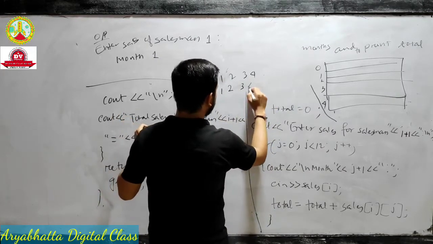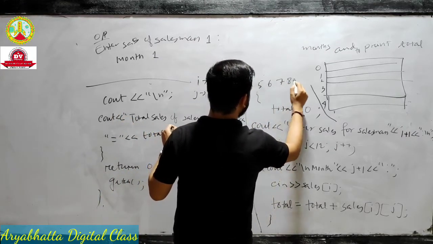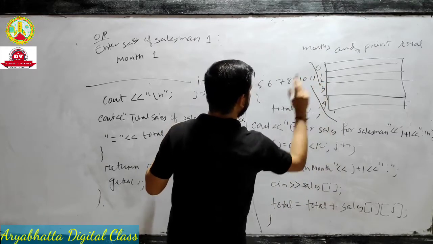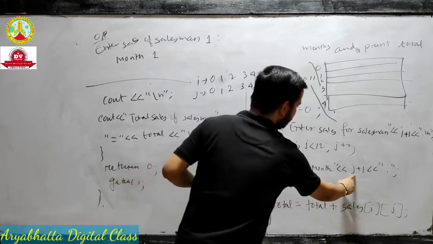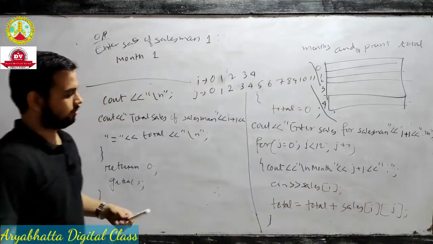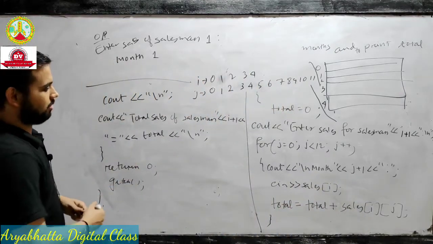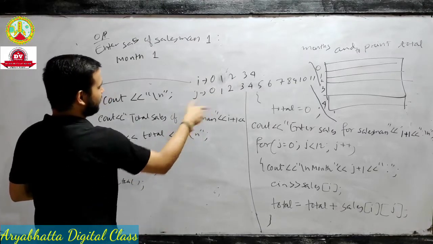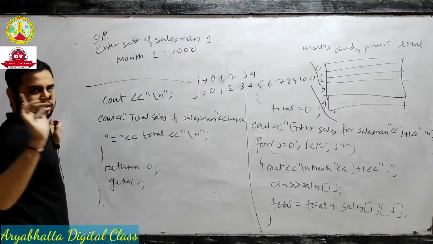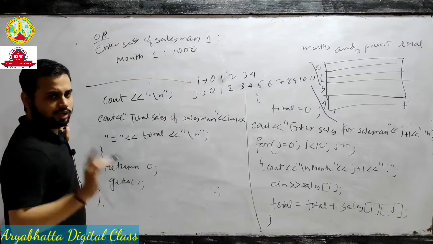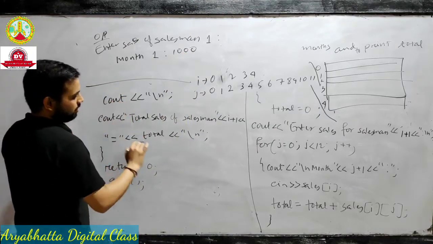The j loop goes 0, 1, 2, 3, 4, 5, 6, 7, 8, 9, 10, 11. Your j is for the month, and here we also use j plus 1 for designing purposes, so j 0 plus 1 means month 1. Suppose in month 1 the salesman sells 1000.